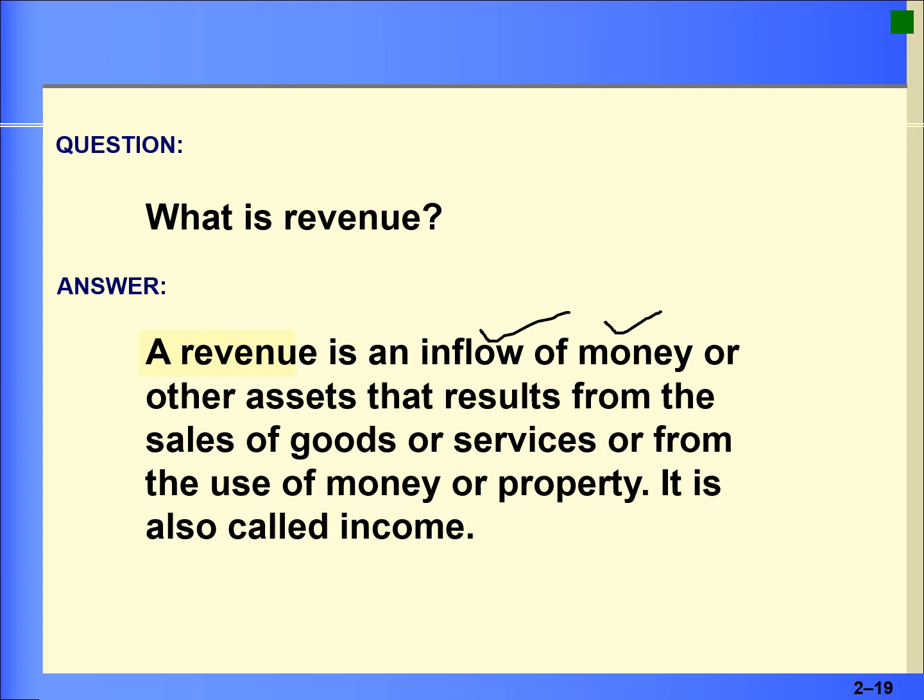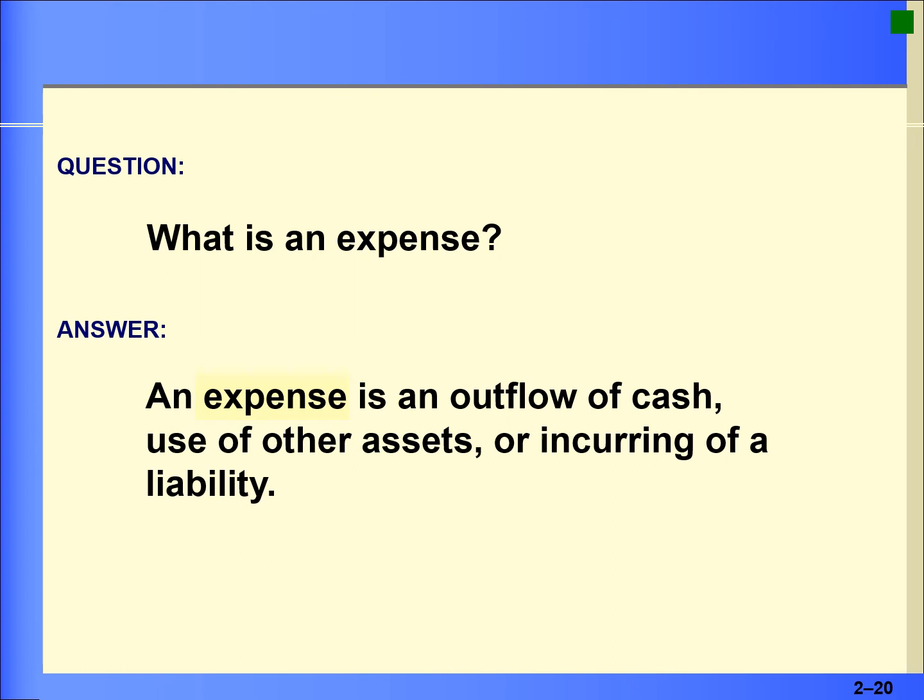If it's a law firm, they're going to get their revenue from performing legal services. If it's a CPA, it's from doing your taxes. But it's an inflow of money. On the other side, revenues are inflows of money, expenses will be outflows of money, and this is basically how a business operates. A business typically will incur expenses to make revenue.